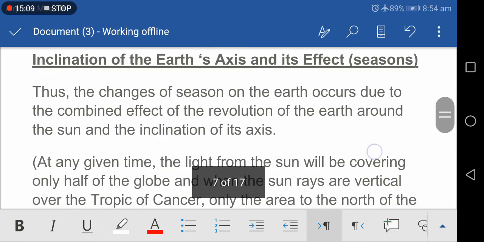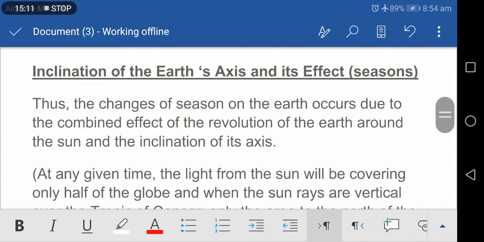And next one, inclination of the Earth's axis and its effect on seasons. The Earth's axis of rotation, the polar axis, is inclined at an angle of 66.5 degrees with the plane of the ecliptic, the plane of the orbit of the Earth around the Sun, and it is tilted 23.5 degrees from the line perpendicular to this plane.